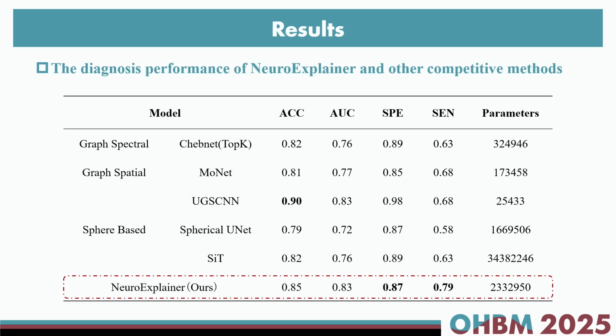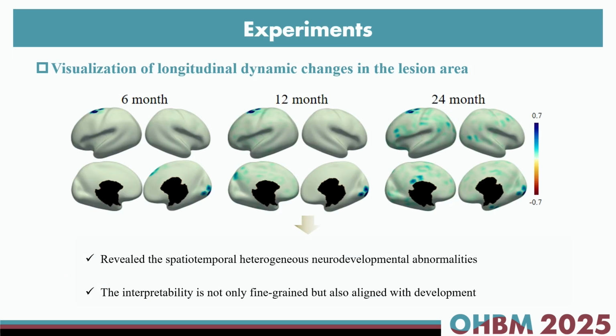The table highlights the competitive performance of NeuroExplainer across multiple metrics. NeuroExplainer outperformed in all metrics, especially in sensitivity, which is crucial for clinical applications. Despite class imbalance, it achieves the highest sensitivity and distinguishes features associated with autism.